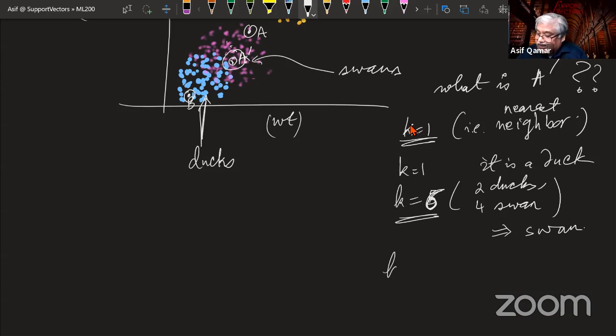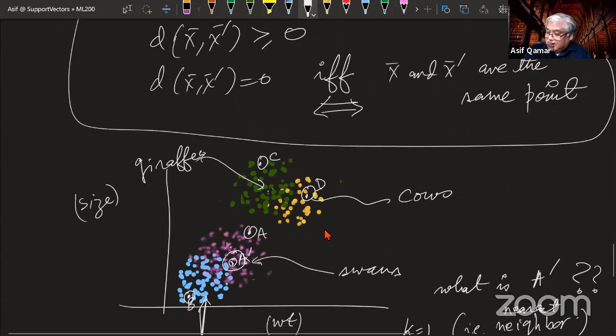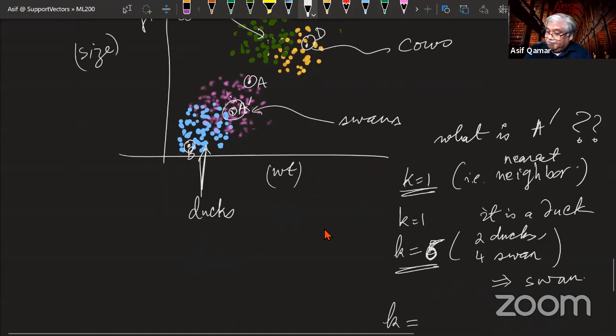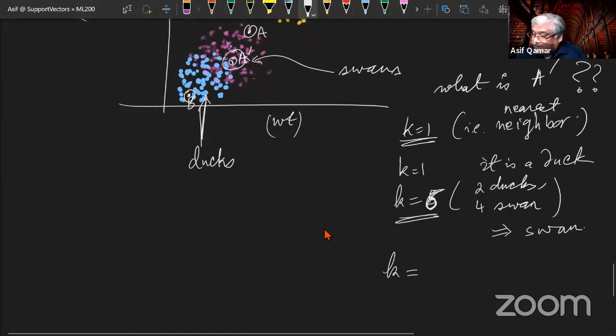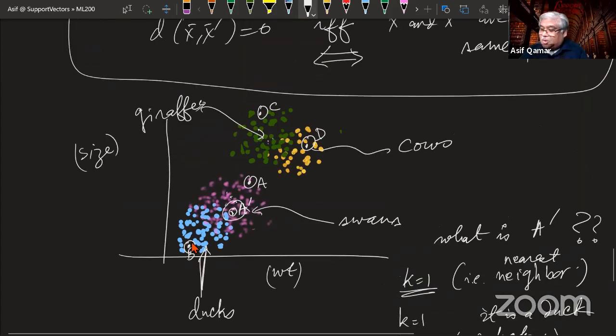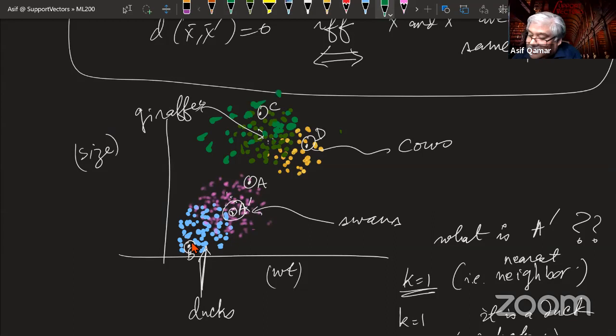Suppose you take K is equal to, let me take a number, 50 or 100. To give you a sense of what's wrong with that, suppose you are in a world filled with giraffes.